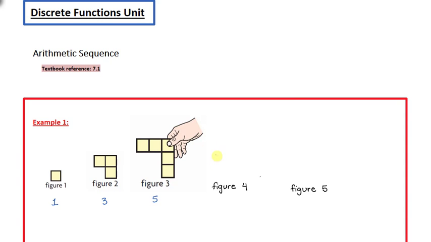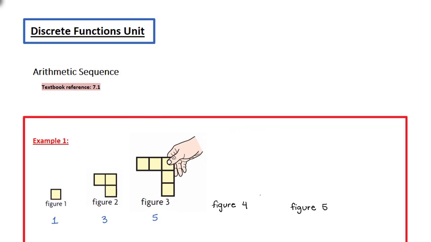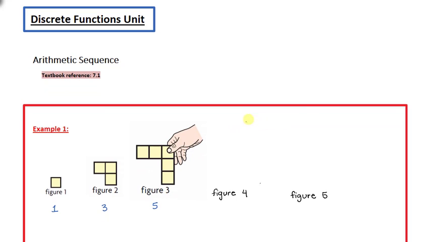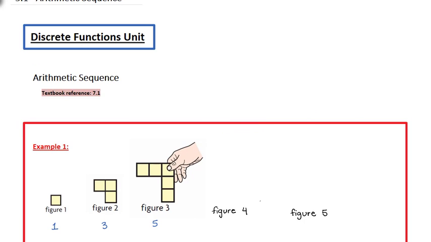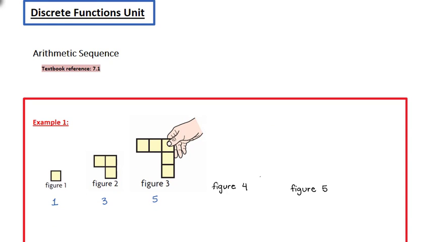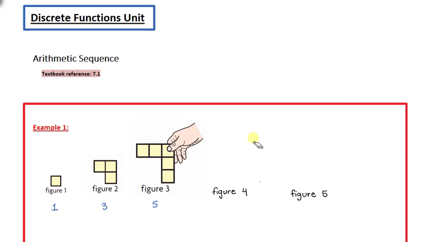It would look something like this, which has 7 squares.